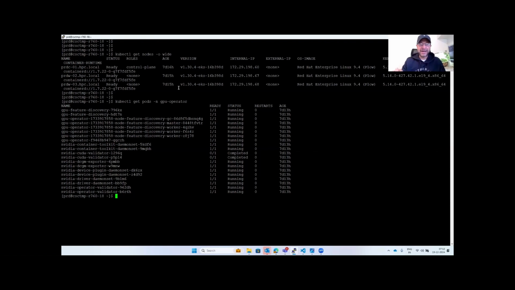They work hand in glove to provide access to the underlying GPUs to the CUDA kernels. Okay. There's a lot we can talk about regarding the NVIDIA GPU operator itself, but again, that's not the scope of this discussion.